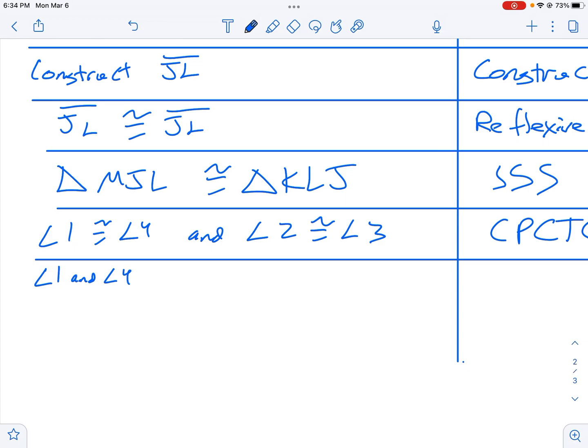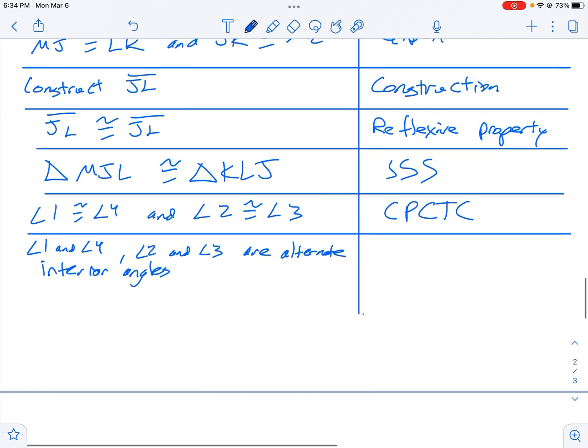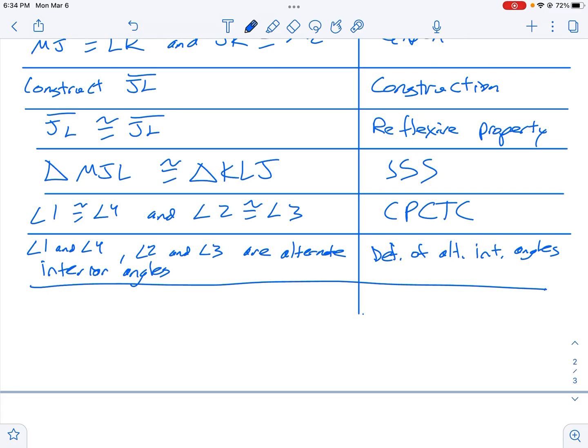And angle 4, and I can put comma, angle 2, and angle 3 are alternate interior angles, and they just meet the definition for alternate interior angles. So I'm going to put definition of alternate interior angles. And since the two angles are congruent and they're alternate interior angles, that proves that those lines are parallel.